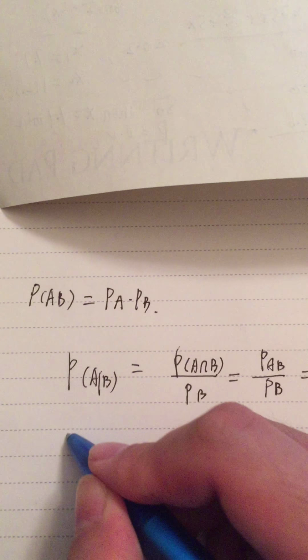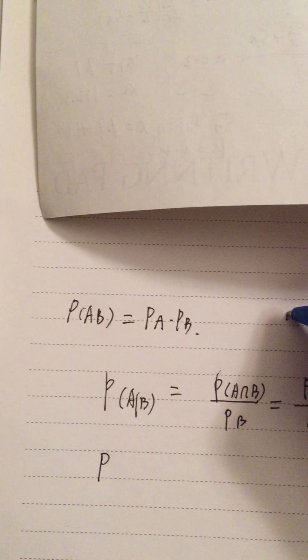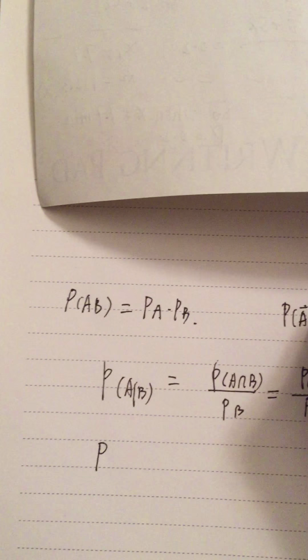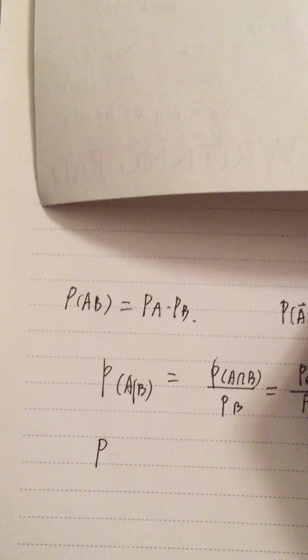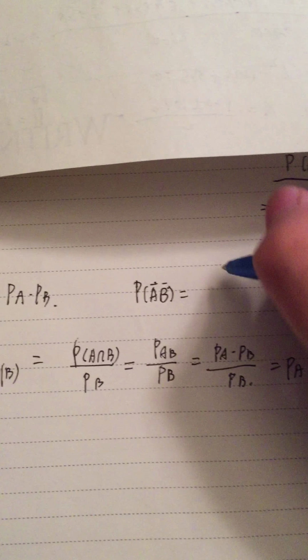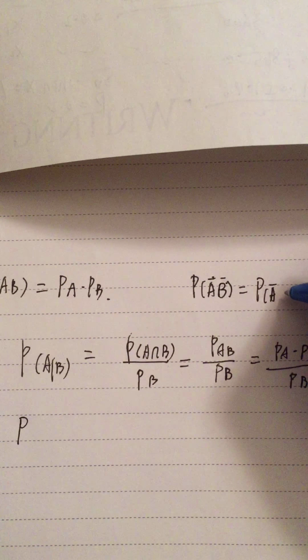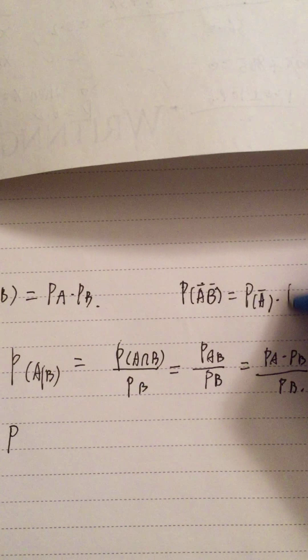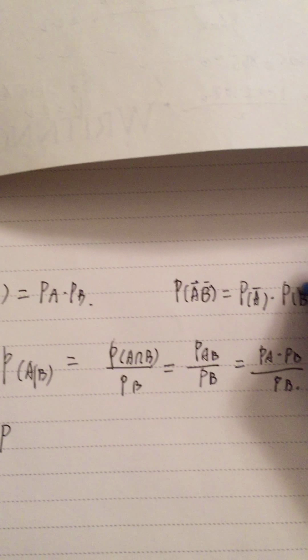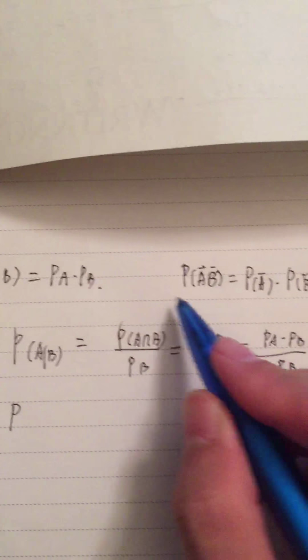If they are independent, then not A and not B are independent. So P(not A not B) is equal to P(not A) times P(not B).